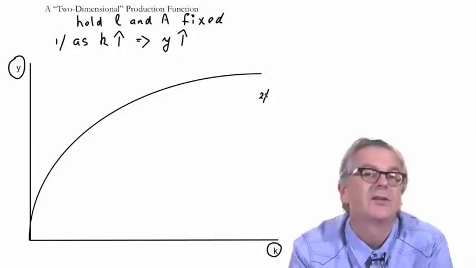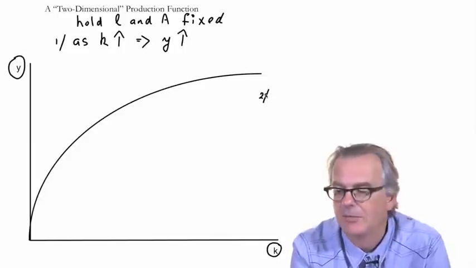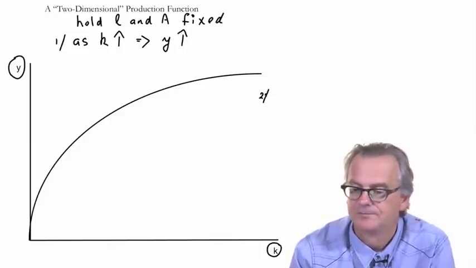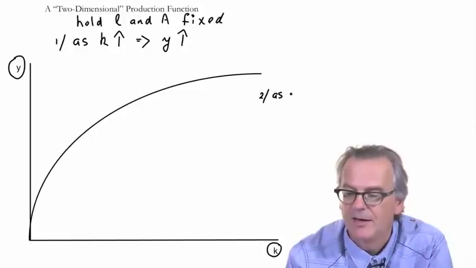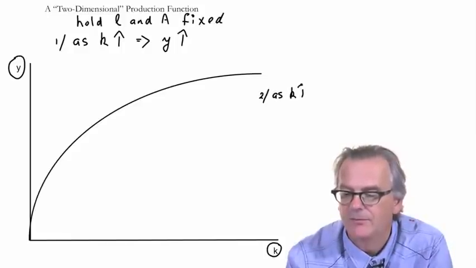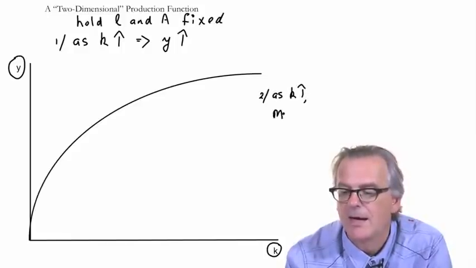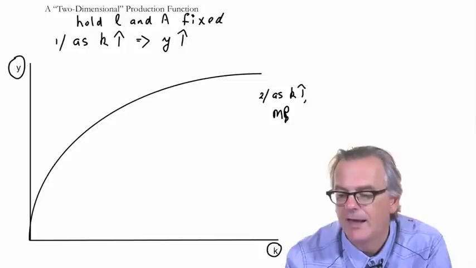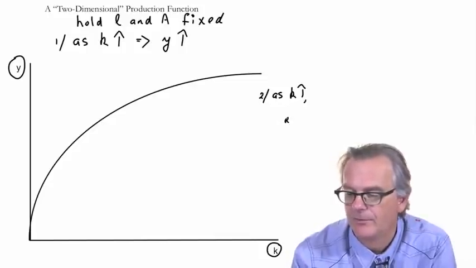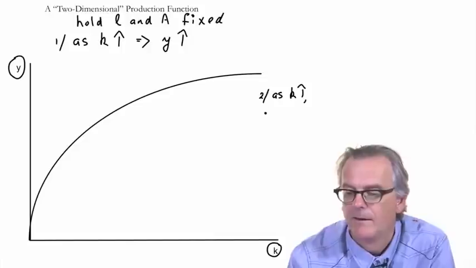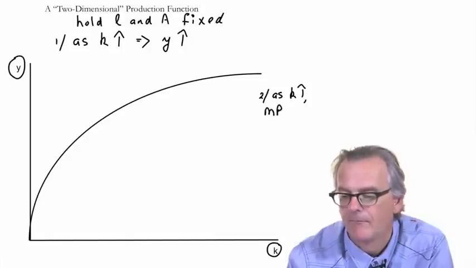Second, however, is this concept of the diminishing marginal productivity of capital. That as the amount of capital increases, the marginal product of capital, the extra output that we get, falls.